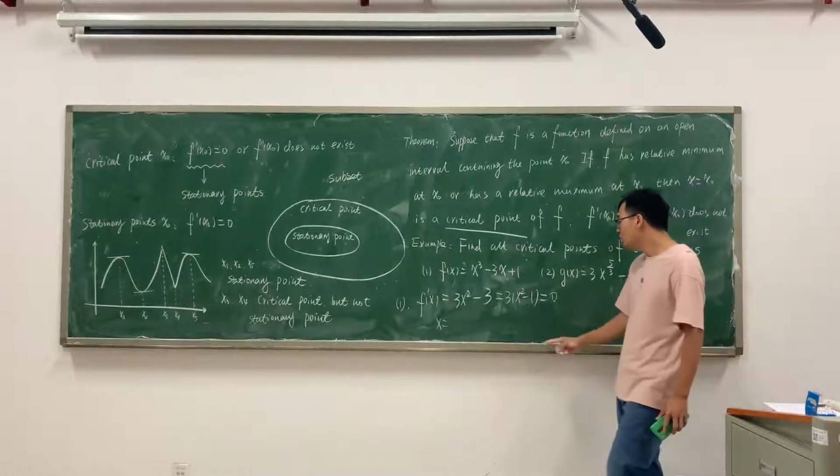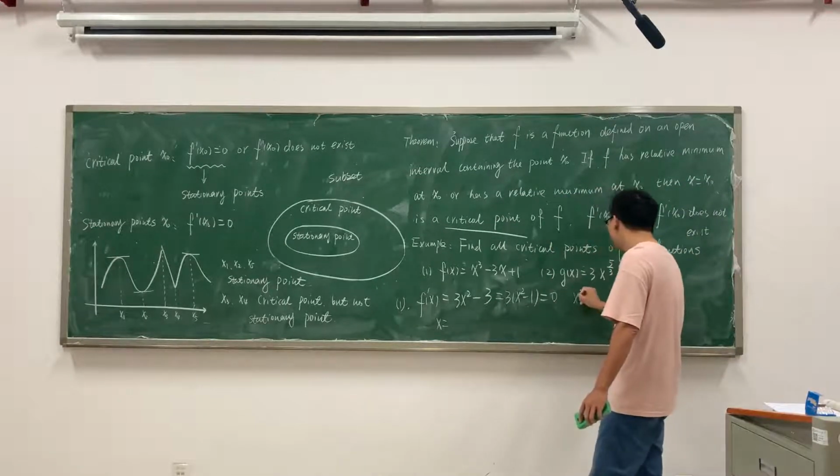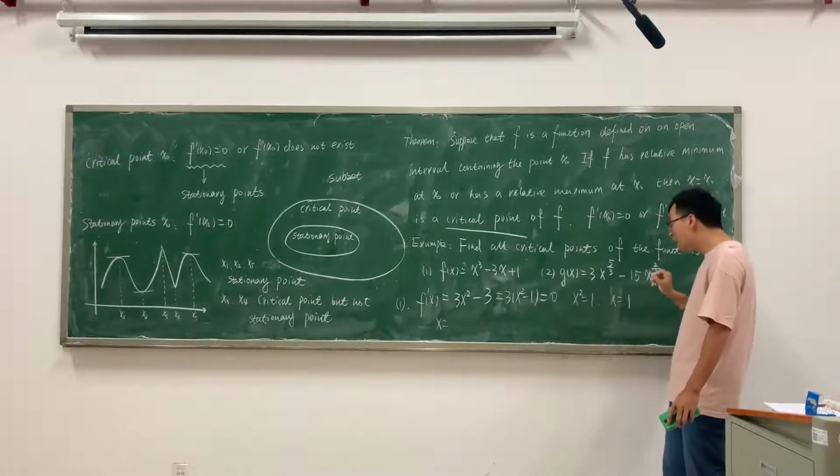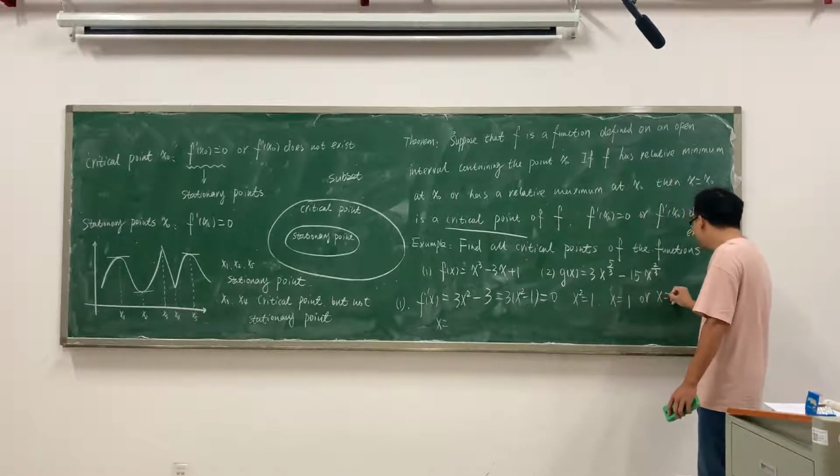So x squared equal to 1, so x equal to 1 or x equal to minus 1.